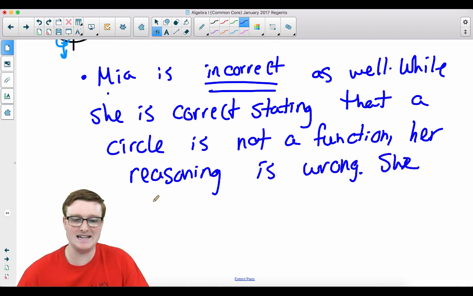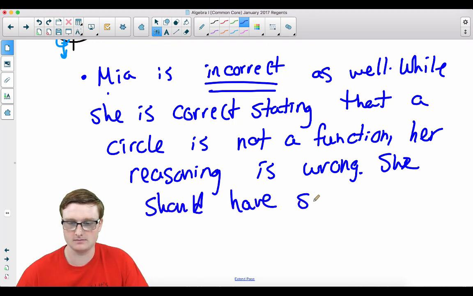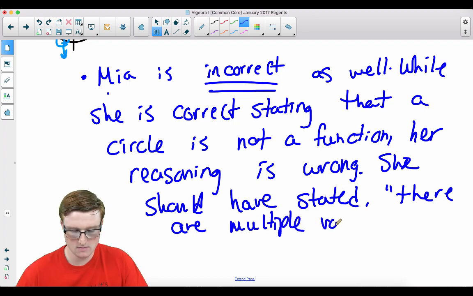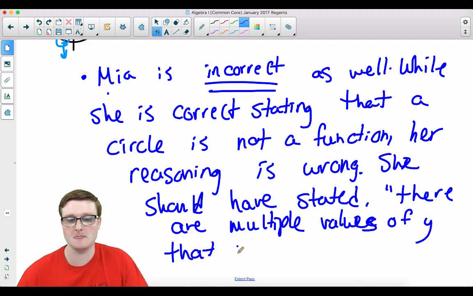She should have stated there are multiple values of y that map onto the same x.